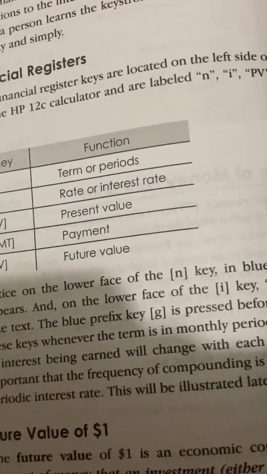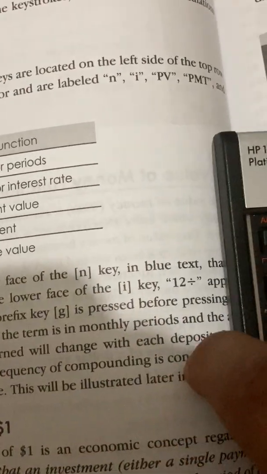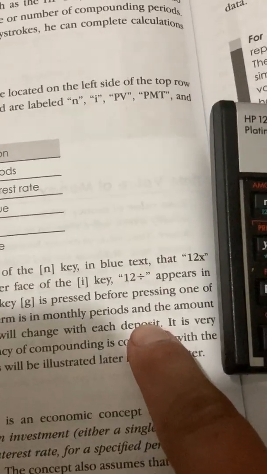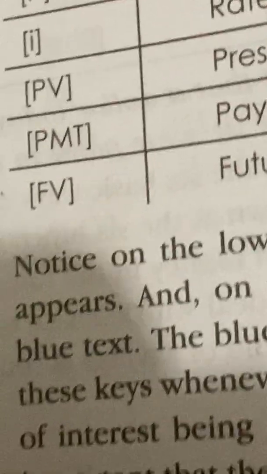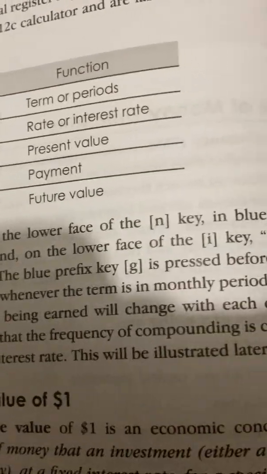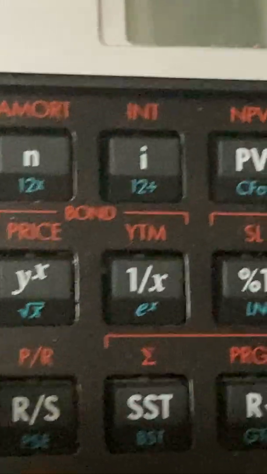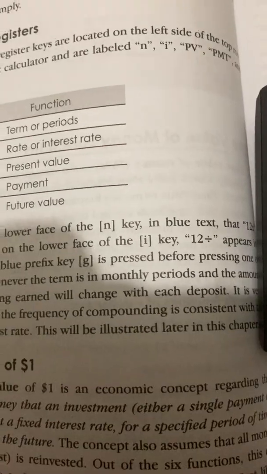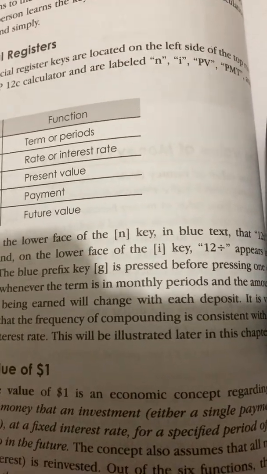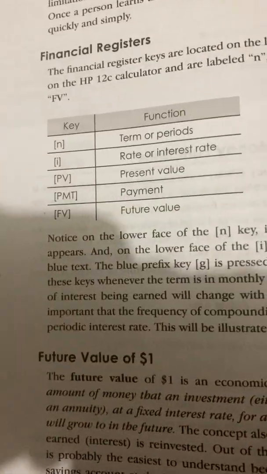Notice on the lower face of the N key in blue text that the 12x appears, and on the lower face of the I key, 12 divide. 12 divide and 12x appear in the blue text.